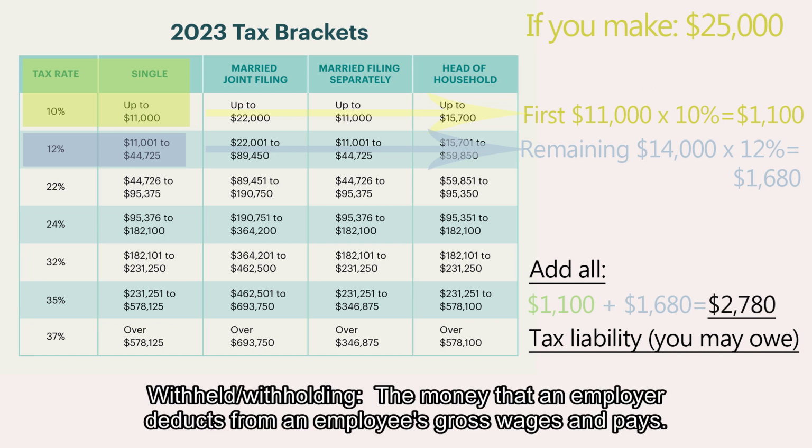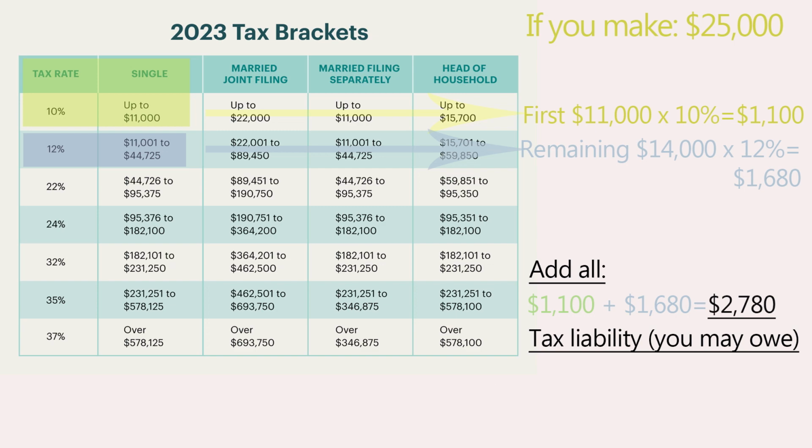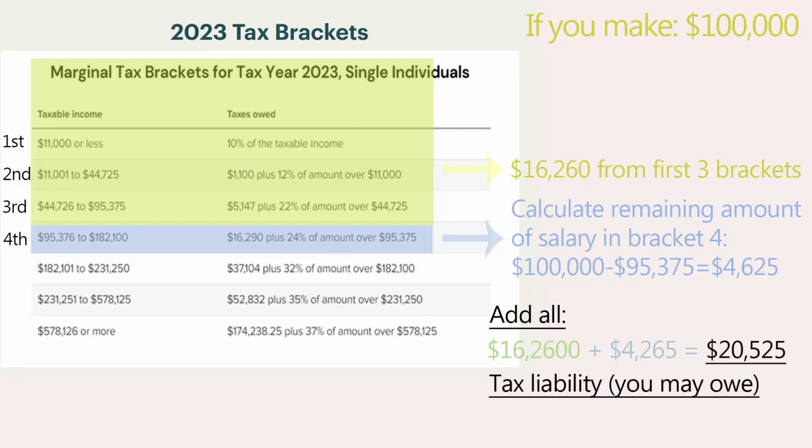This is the number that your employer will withhold from you throughout the year. If you're a single filer and you're making $100,000 a year, you may think that you have to pay 24% on that whole $100,000.